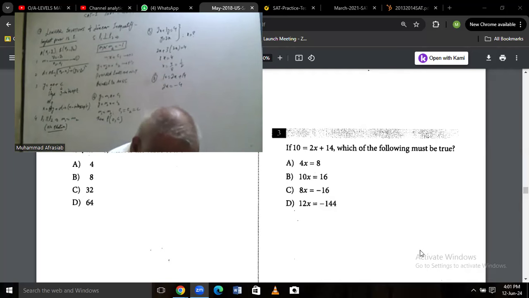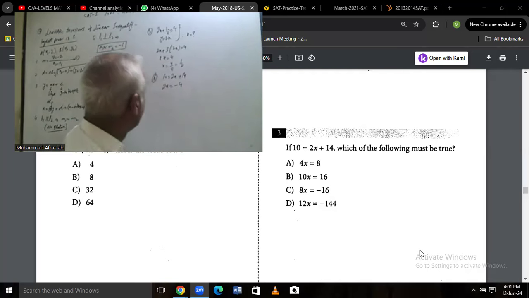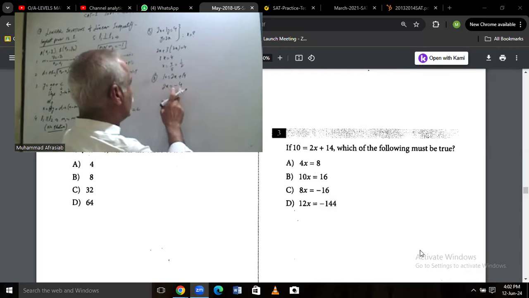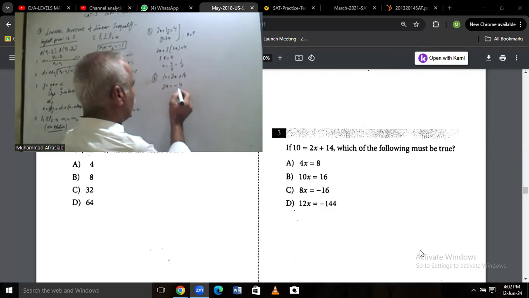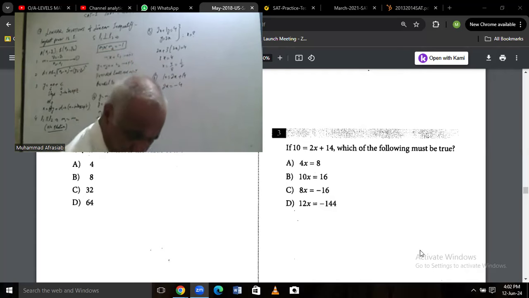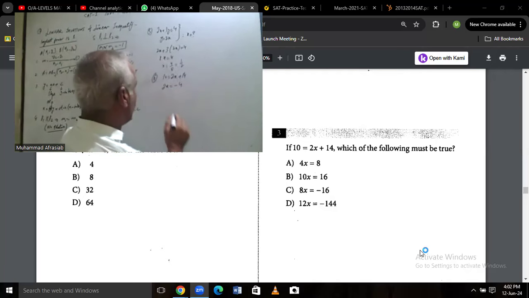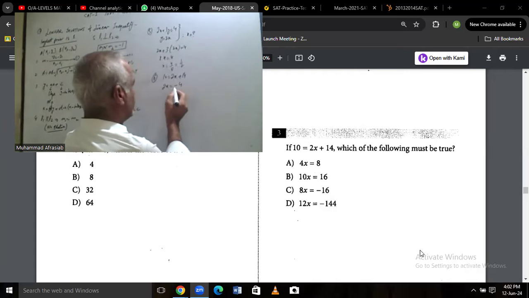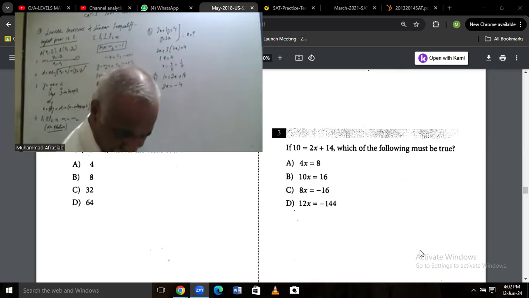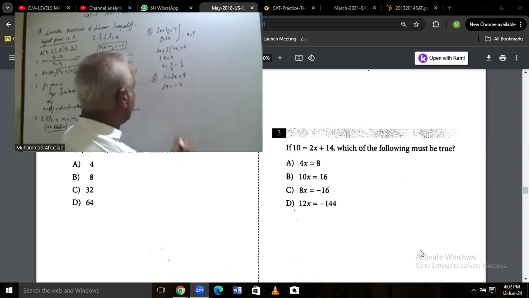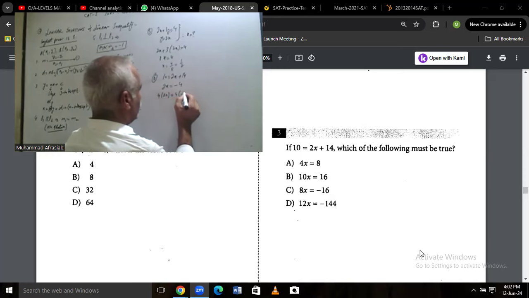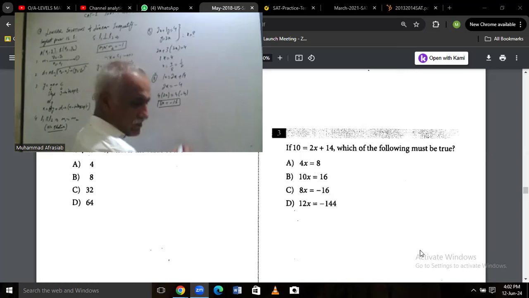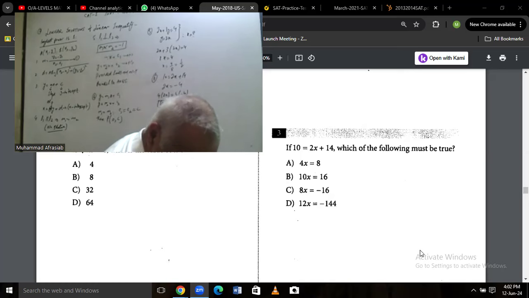Then here the answers: 4x is equal to 2 minus 8x, not true. 10x, if you multiply it by 5, then it's not true. Then if you multiply it by 4, that is 8x is equal to minus 16. That is the right choice, which is the answer of this C part.